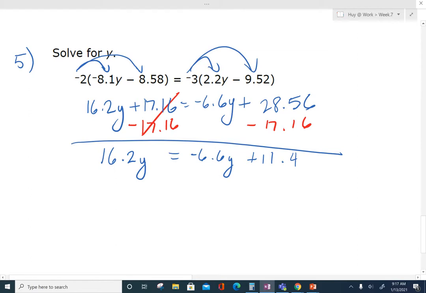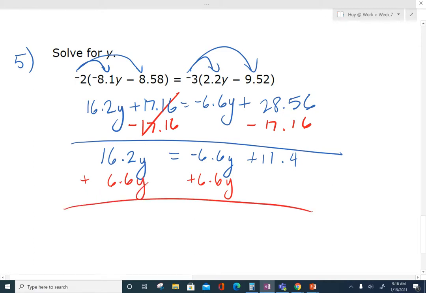And we want to move it so that we have things on both sides of the equation, which means I'm going to move this 6.6y so that I have y's on the left side, and then my constant over here stays on the right side, right? It's kind of isolating a variable. Let's move the y's to one side of the equation.